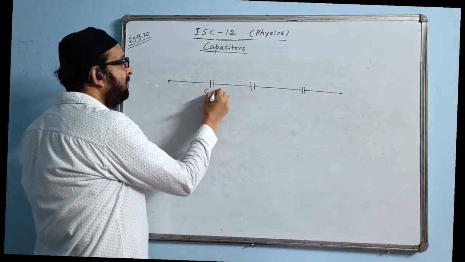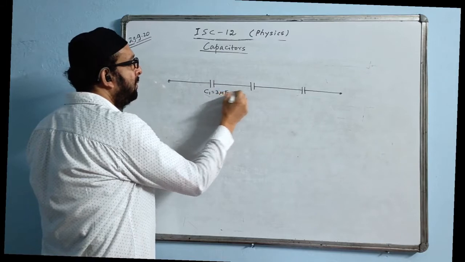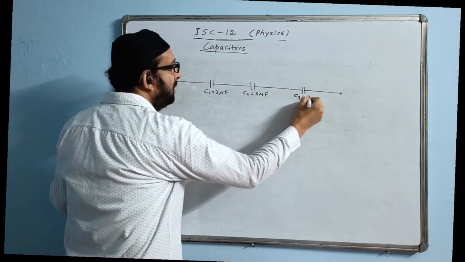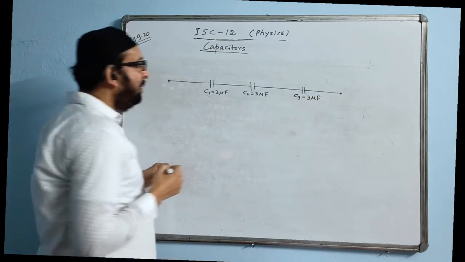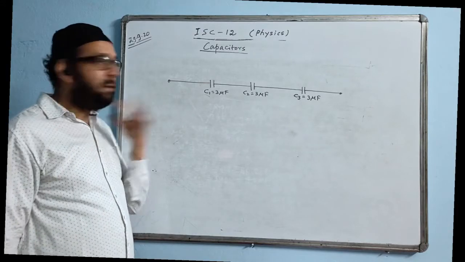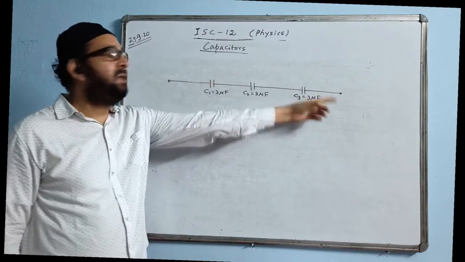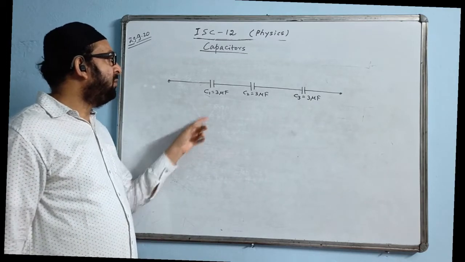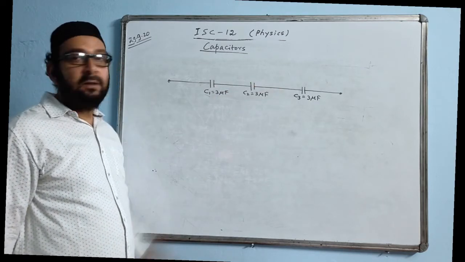C1 is 3 microfarad, C2 is also 3 microfarad, and C3 is also 3 microfarad. If the figure is only this much, then it's very easy because all of them are in series, and the formula of series is 1 by C equal to 1 by 3 plus 1 by 3 plus 1 by 3.